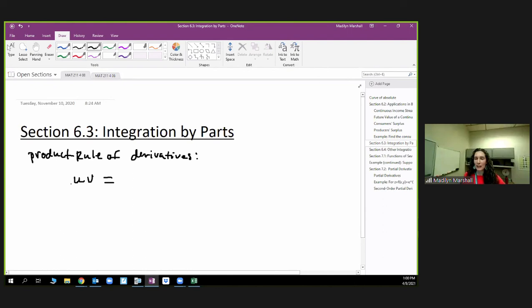But U and V are a super common one as well. So if we take the derivative of U times V, we get U times the derivative of V plus V times the derivative of U.